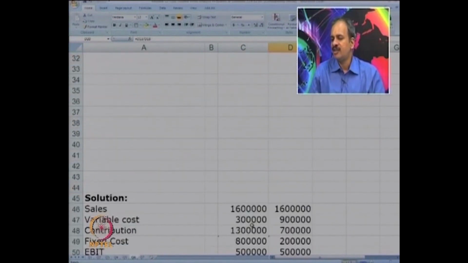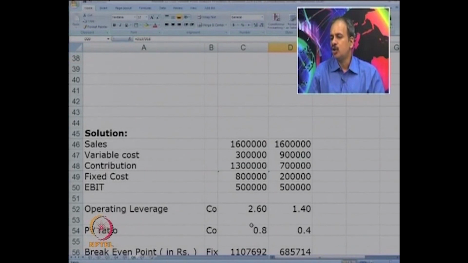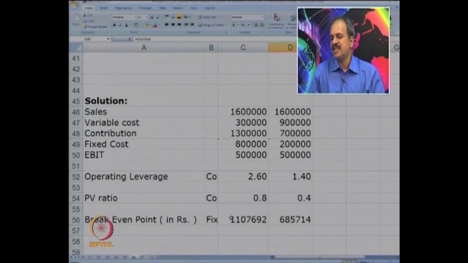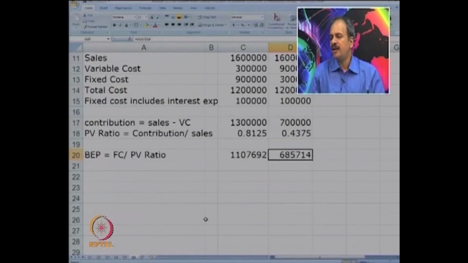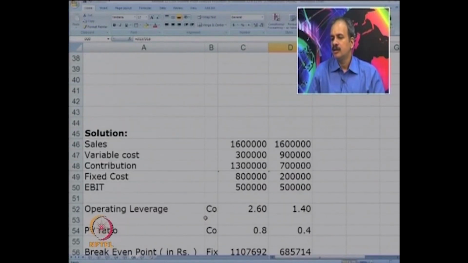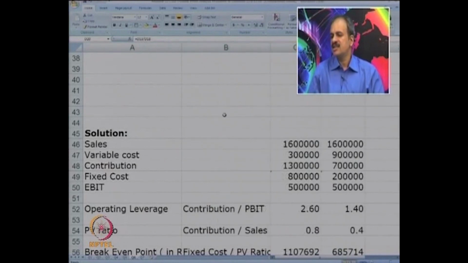Let us go a step further and go for calculation of operating leverage. In operating leverage, we need to calculate EBIT. This is how the calculation is done. We know that the sales are the same for both systems, variable costs are given, contribution, fixed cost. So we have calculated EBIT, which is contribution minus fixed cost.